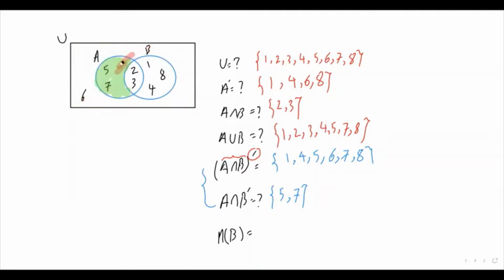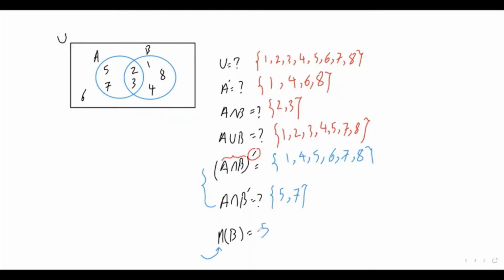And lastly, what is n? When you see the letter n in front of a set, that means write down the number of elements in B. So B has actually 5 members. So the answer would be just 5.